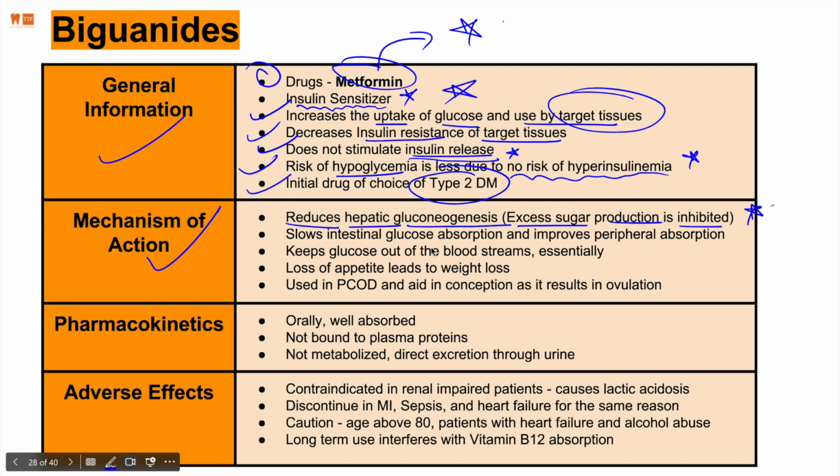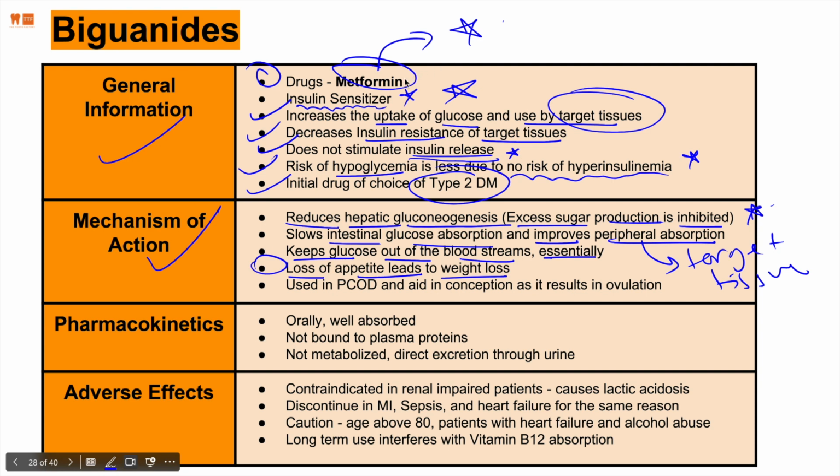It slows intestinal glucose absorption, therefore less excess goes into the bloodstream. It improves peripheral absorption of glucose; basically, peripheral means target tissues. It keeps glucose out of the bloodstream, essentially causing loss of appetite that leads to weight loss as well.